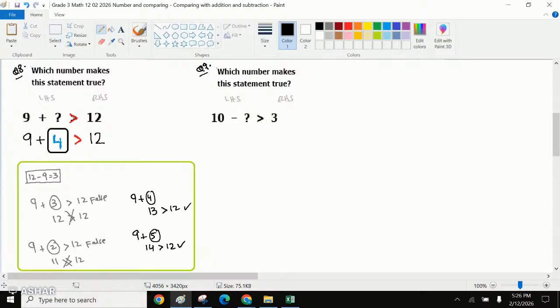You subtract a number from 10, but still it should stay greater than 3. So can we say 10 minus a number and the answer still stays greater than 3? So where do we begin from? Okay, where do we begin? Rebecca, where do we begin from? Which number should we start from?